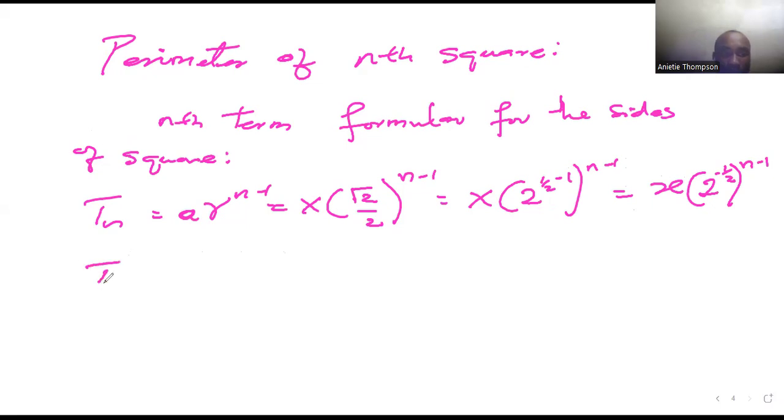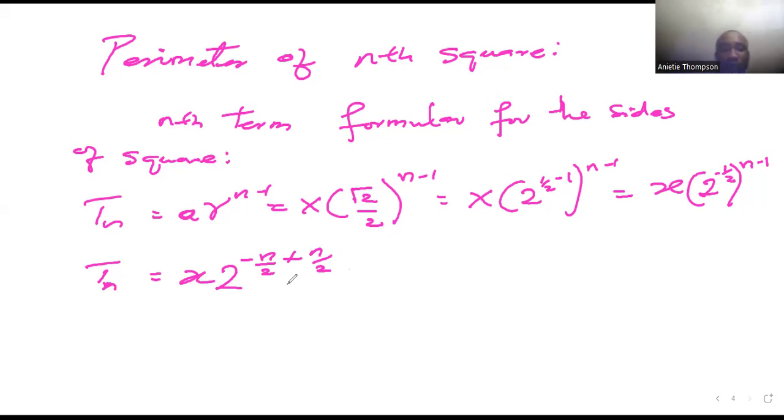So that means the nth term is equal to x times 2 raised to the power of minus n over 2 plus n over 2.